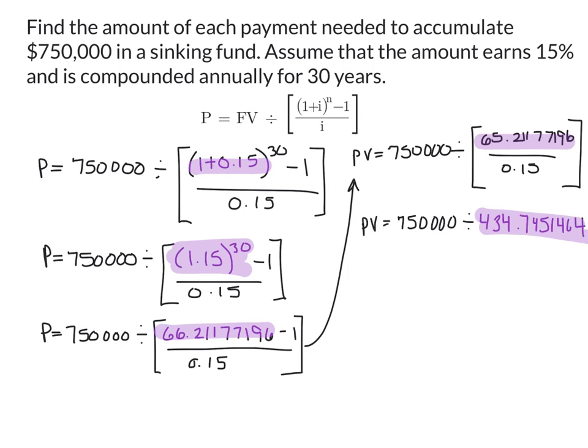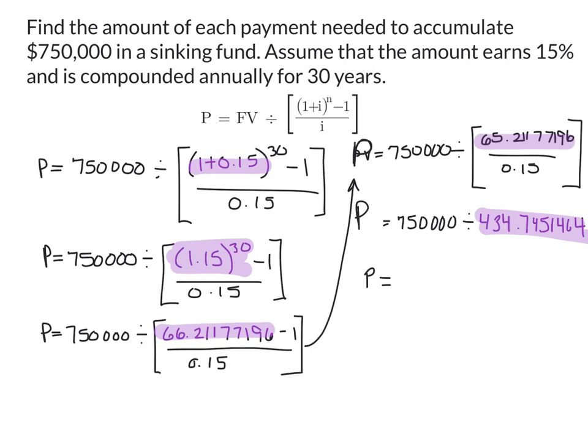Now you'll need to write that number down on a sheet of paper, clear your calculator, and then we'll do 750,000 divided by 434.7451464. When you do that calculation, we get a payment, not present value. These should all be just a single P, since we're looking for the payment needed.